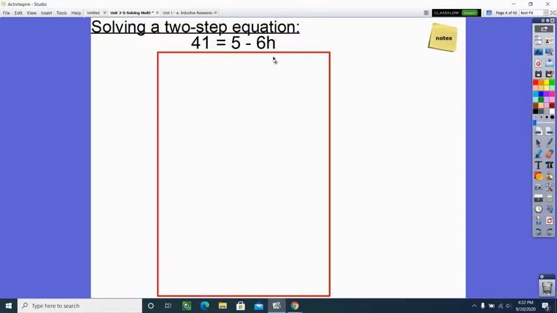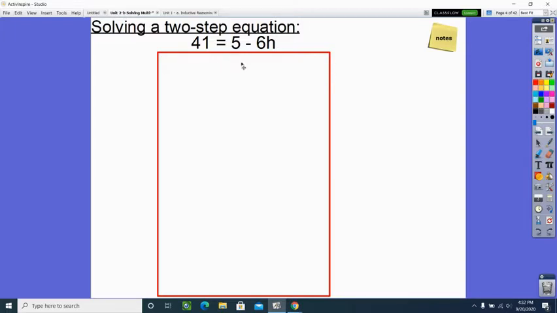Basically, we want to solve this equation. What value of h will, when we multiply by -6 and subtract that product from 5, give us a 41? Now, I know lots of times when you're looking at two-step equations, you can kind of already see the answer, but I need you to show every step. That's what this unit is about. And of course, they're going to get far more complicated than this.